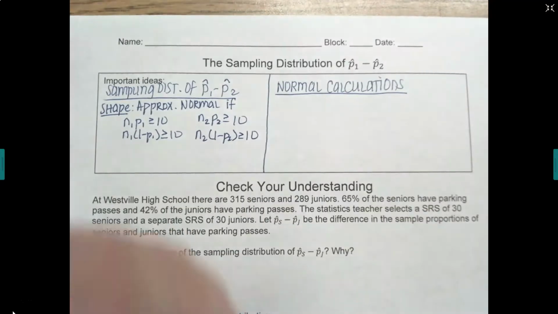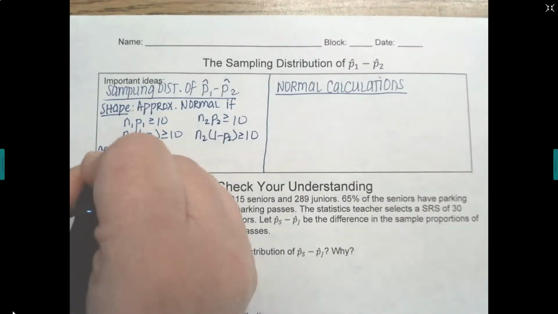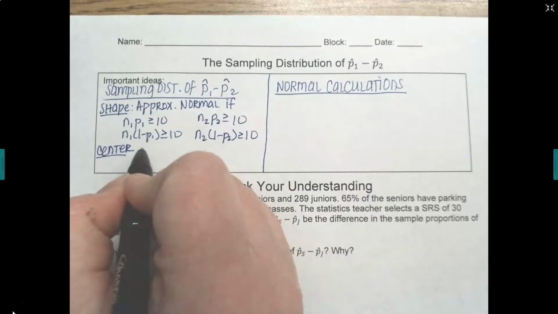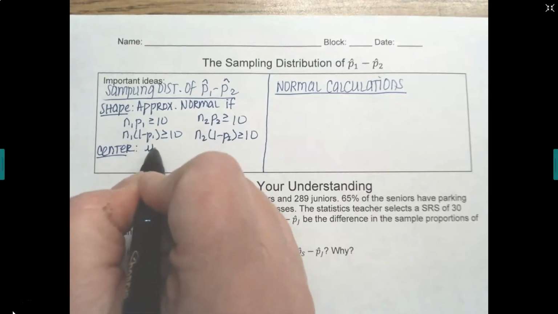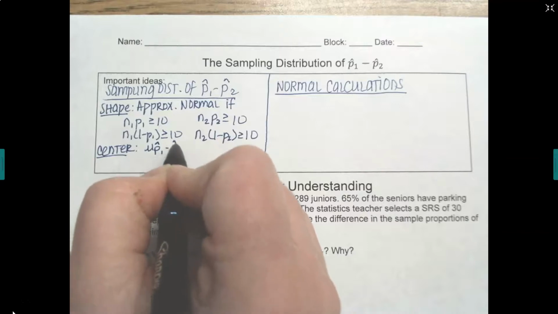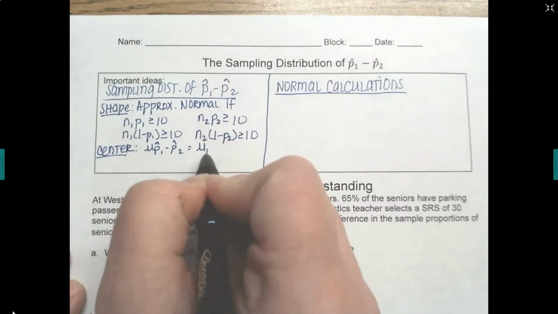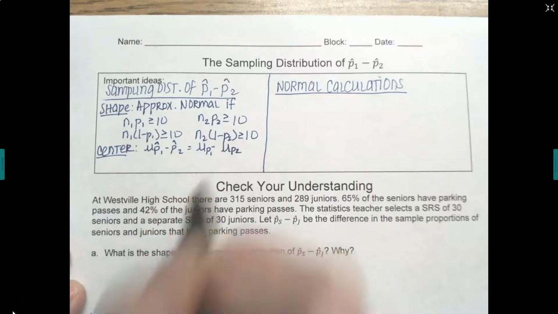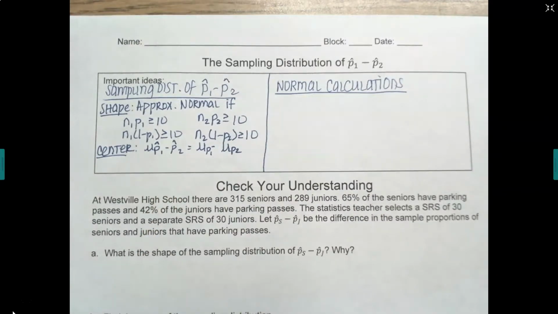All right, for your center, you just find your center by subtracting. So your sample will be the same as your population. Remember, that's that unbiased estimator that we talked about before.